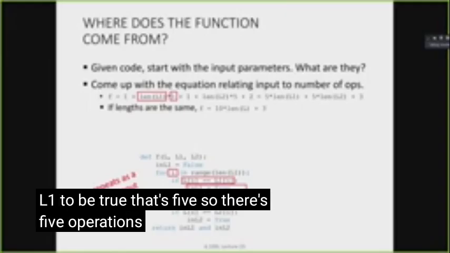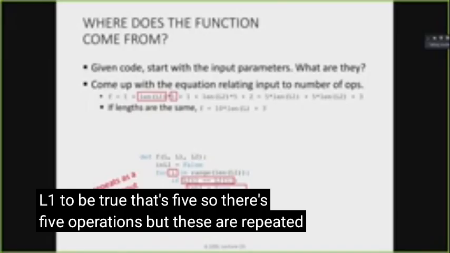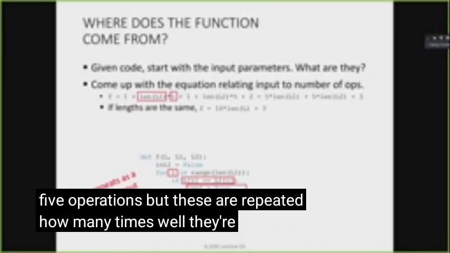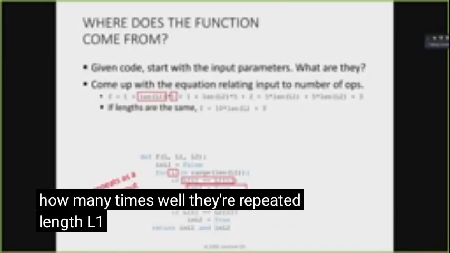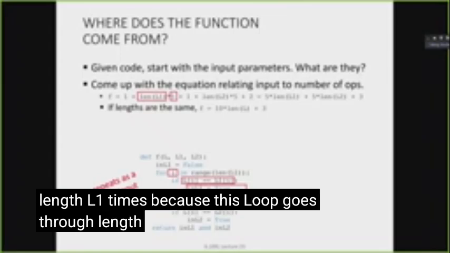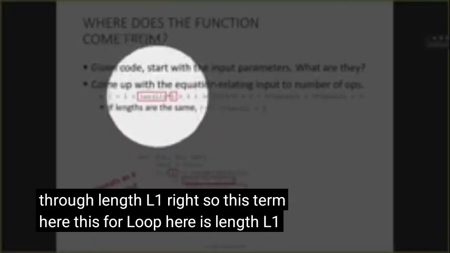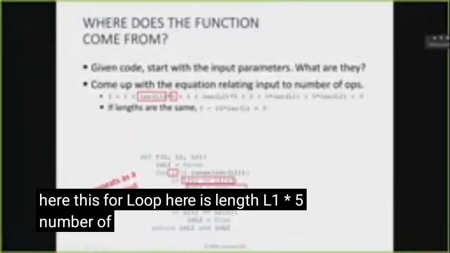So there's 5 operations, but these are repeated how many times? Well, they're repeated length L1 times because this loop goes through length L1, right? So this for loop here is length L1 times 5 operations.